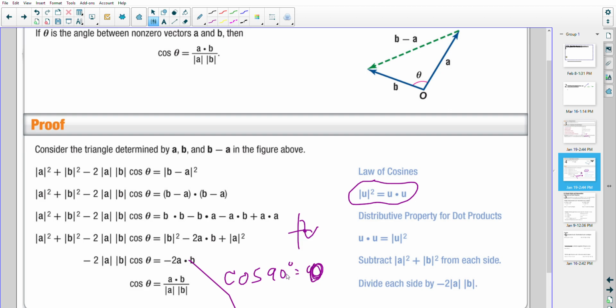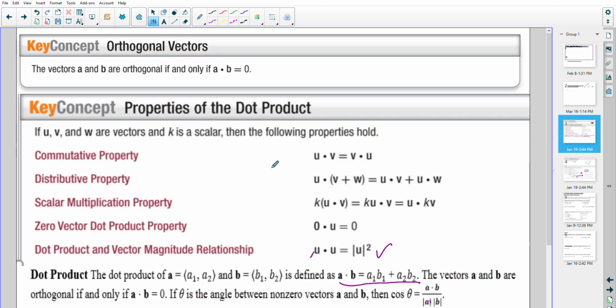But this is important because if you know that the cosine of the angle is equal to 0, then you know that the vectors are going to be perpendicular. And that gets into a property up here as well that says that if you know that the dot product between a and b is equal to 0, then vectors a and b are in fact orthogonal. And orthogonal is just a fancy name for saying perpendicular.